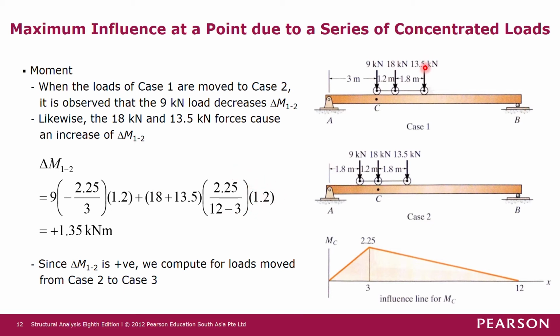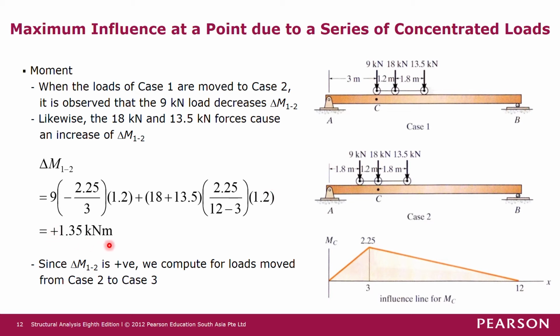And then next we look at this 13.5 kilonewton force. So from here to here, it also moved by 1.2 meters. Okay, from here to here by 1.2 meter, and is on the positive slope. So 13.5 times the positive slope times the horizontal movement of 1.2 meters.